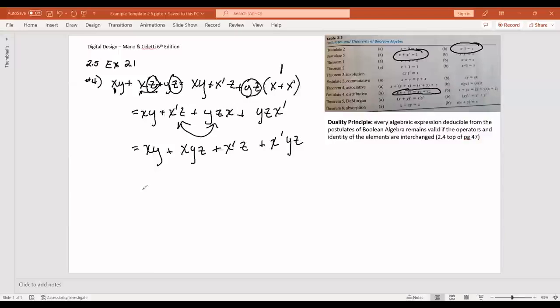Okay, so now that you have this, let me just get this right. This was a little not intuitive too. I said that you can rewrite this XY as XY times 1, once again, up here.